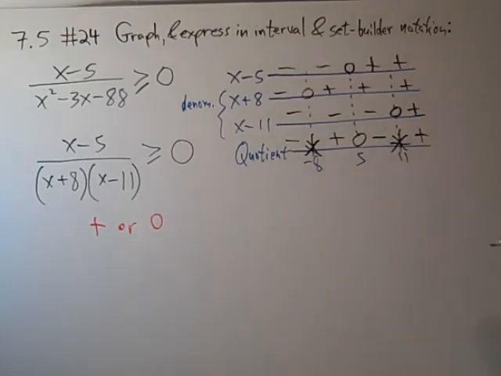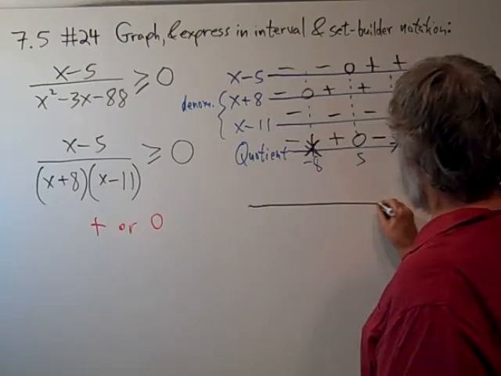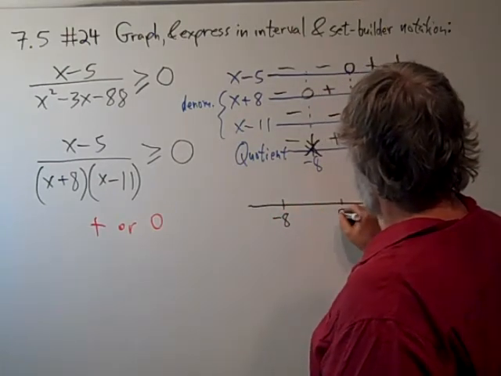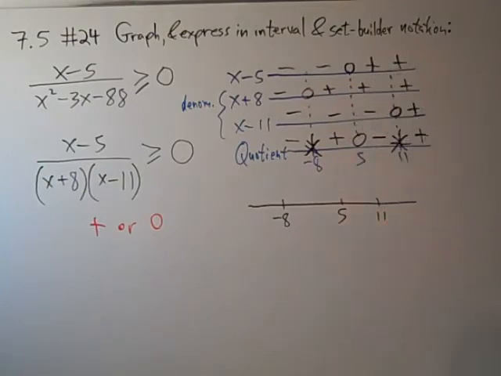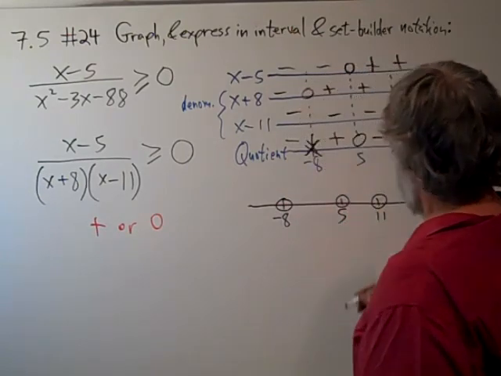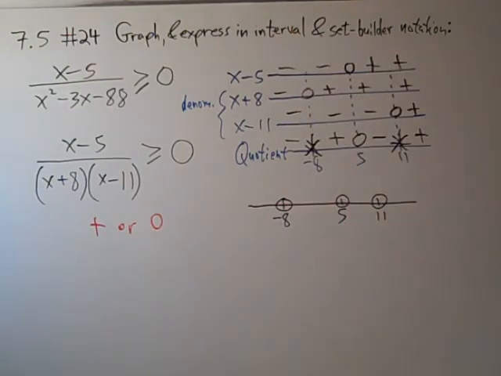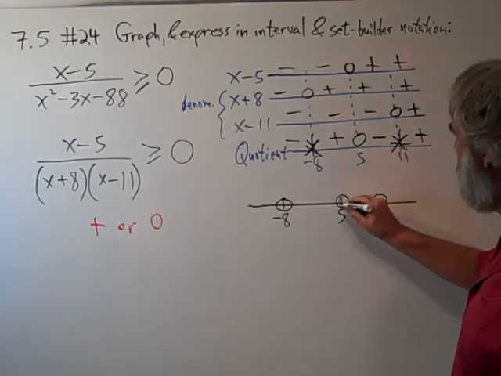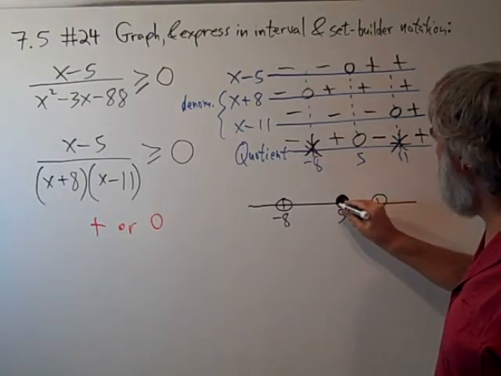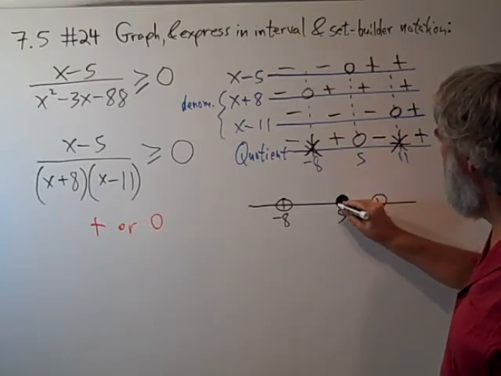So we can now graph the solution set. So we need a negative 8, we need a 5, and we need an 11. So we'll put a circle around each of these. Notice there's a 0 at 5, so let's fill in this one, because this one is part of the solution.